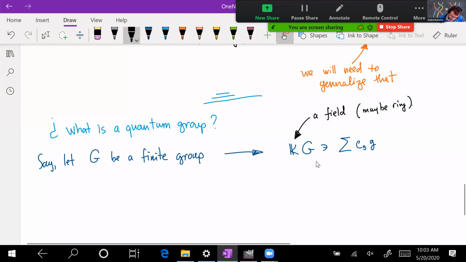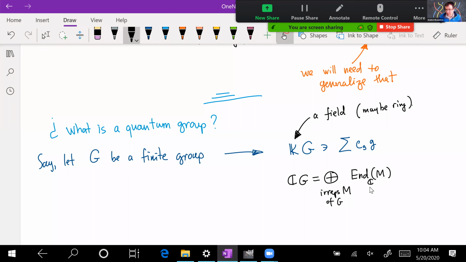Very often, if you take complex coefficients, then this would be just the direct sum over all irreps V of G, of the whole algebra of endomorphisms of that irrep, the whole End(V).